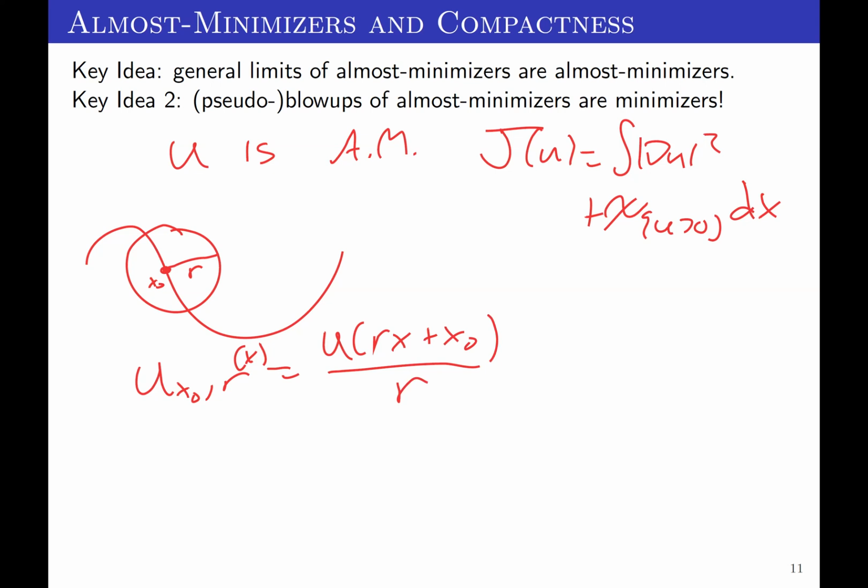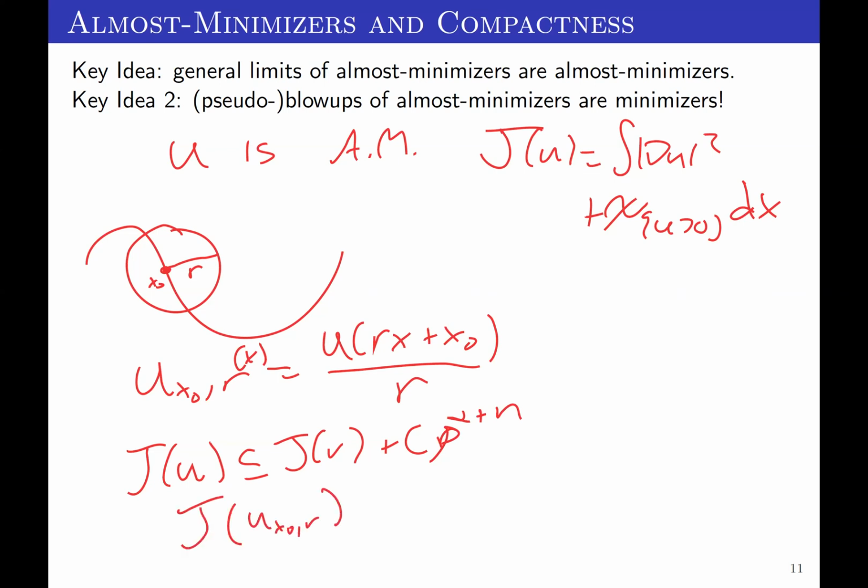And then it turns out that if J of u is less than J of v plus C rho to the alpha plus n, then J of u_{x0,r} is less than J of v_{x0,r} plus C r to the alpha times rho to the alpha plus n, where this is all happening in some ball of radius rho.